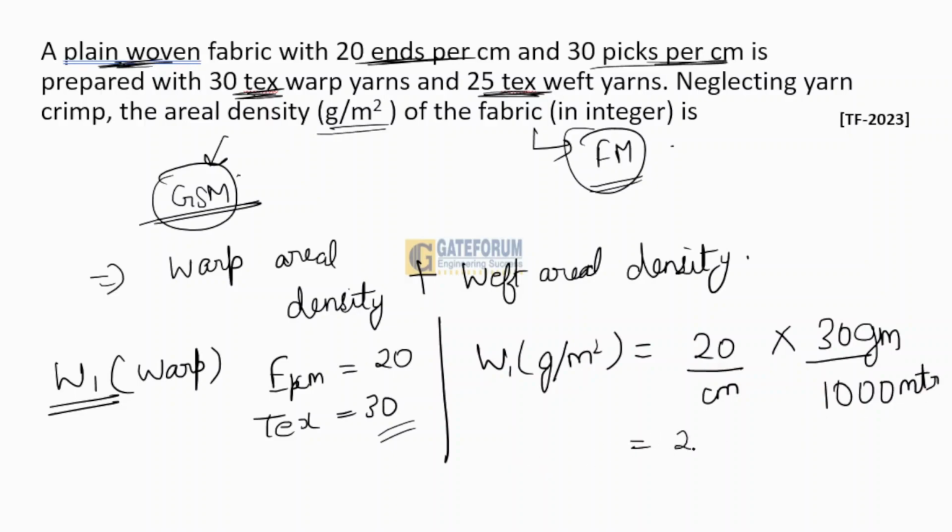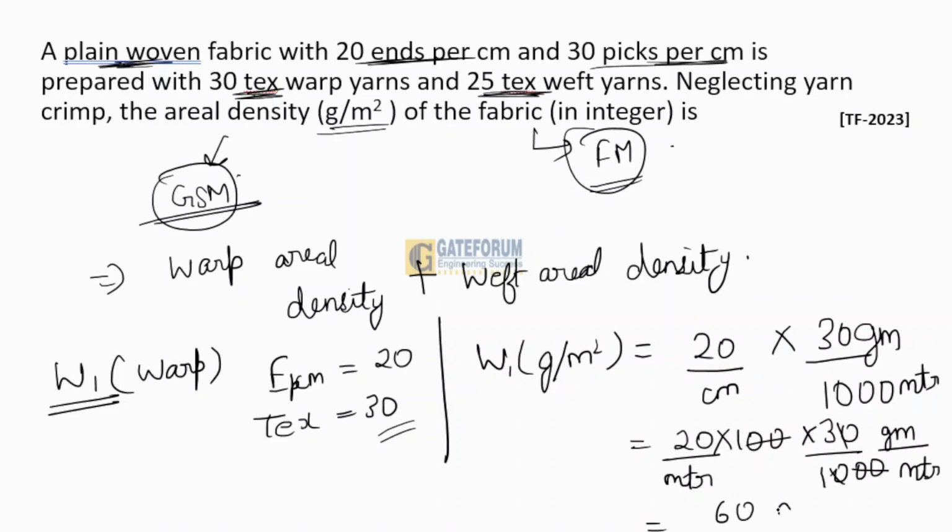Converting per centimeter into per meter, it is 20 into 100 into 30 upon 1000 gram per meter. Zeros cancel. This comes out to be 60 gram per meter square.